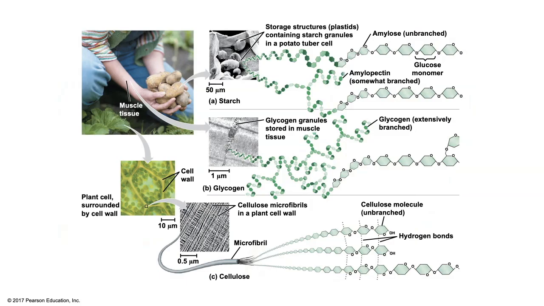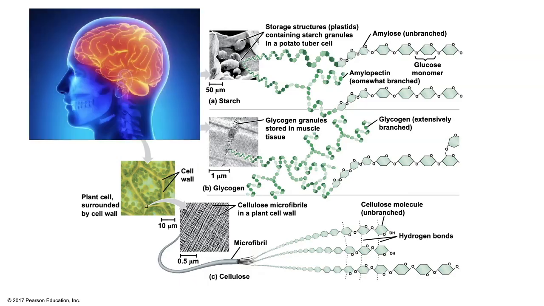And why is glycogen so important? Remember, our body, and particularly our brains, require a certain amount of glucose to be circulating in our blood at all times. This amount is about 90 milligrams per deciliter. That's a normal fasting blood glucose level for us.